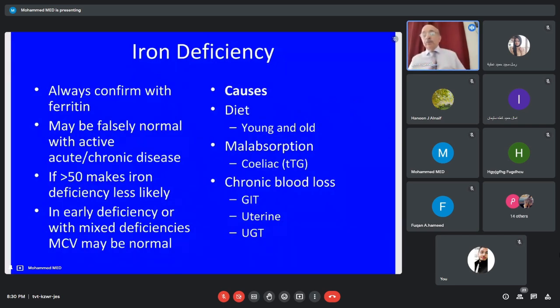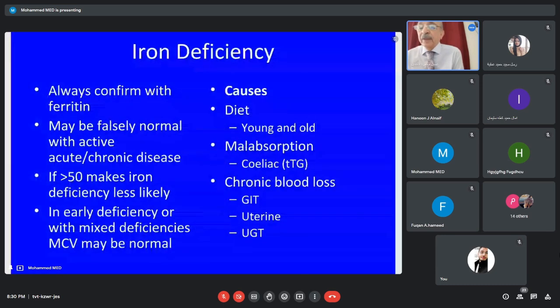This is an important point which I want you to pay attention to. Iron, as I said earlier, is absorbed in the duodenum and jejunum. These are the first parts of the small bowel. Are you familiar with the anatomy of the gastrointestinal tract?